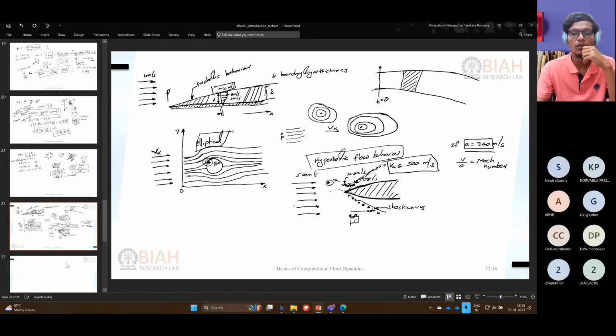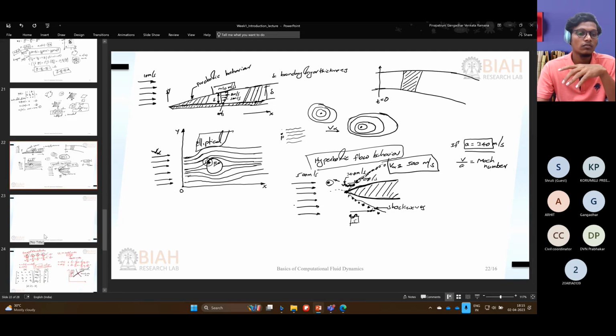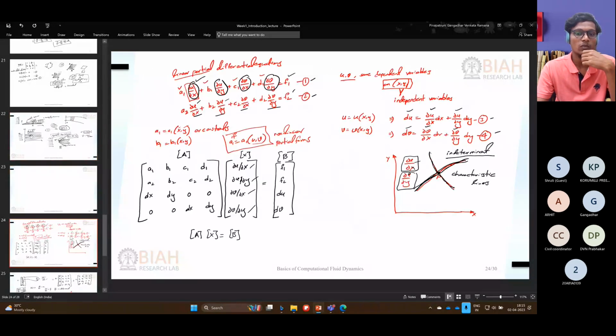In fluid mechanics we commonly have flow over a flat plate, flow over a circular cylinder, hyperbolic equations, but that corresponds to boundary layer kind of flows. These kinds of topics I tried to explain.